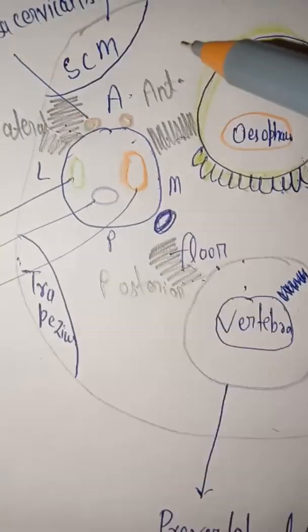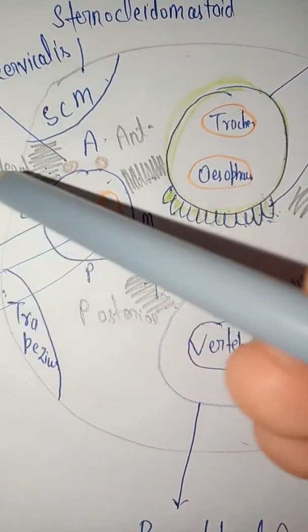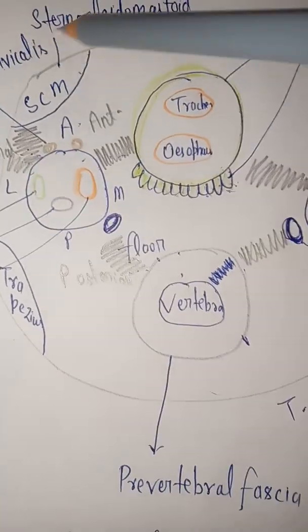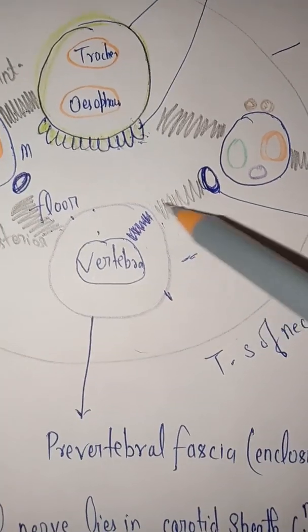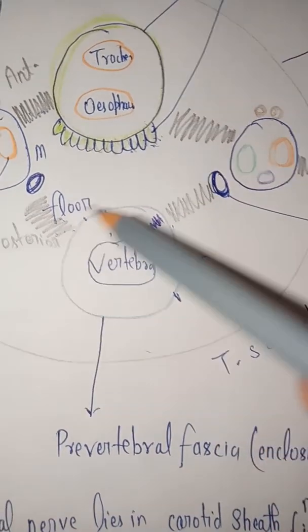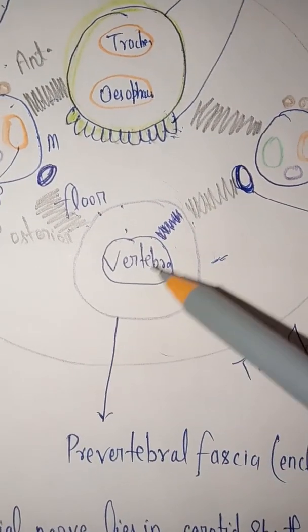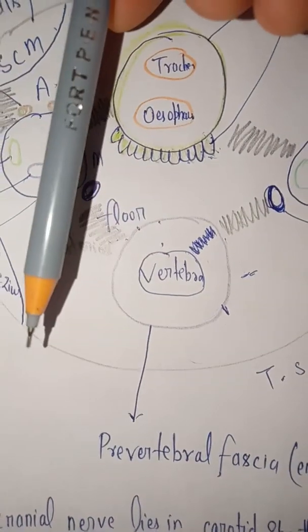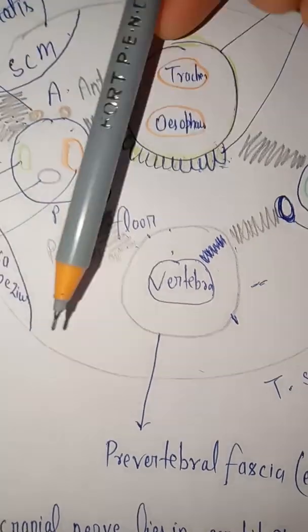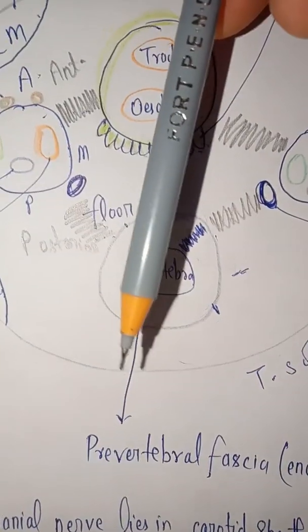Now after that, this is the sternocleidomastoid. This is the roof of the posterior triangle of the neck. This one is forming the roof, while the prevertebral fascia forms the floor of the posterior triangle of the neck. Roof and floor, you can understand like this: above is the roof and below is the floor.